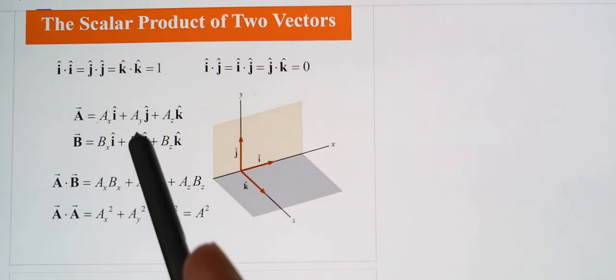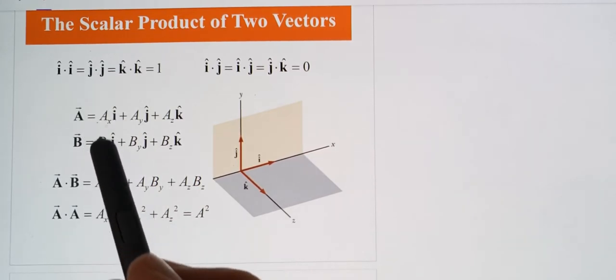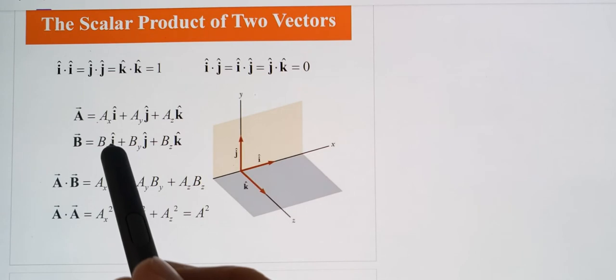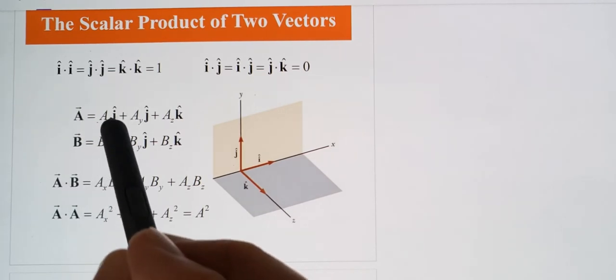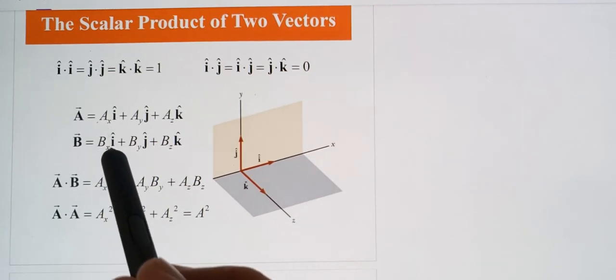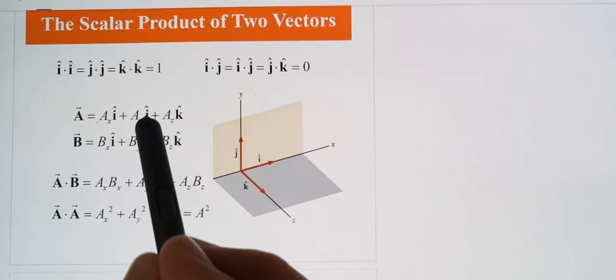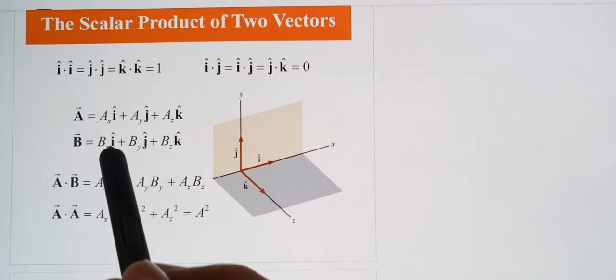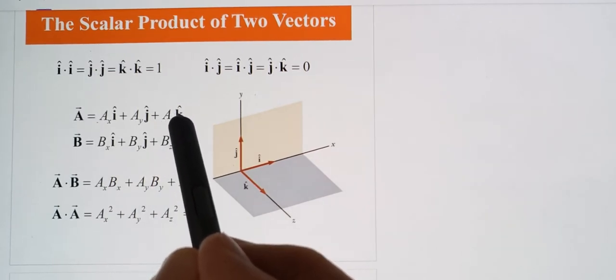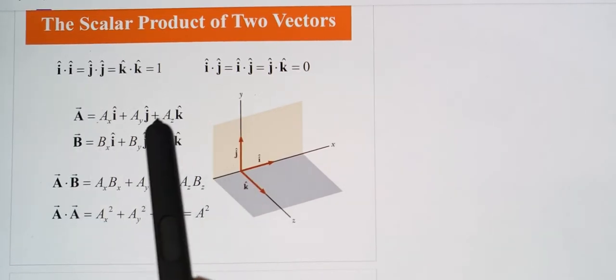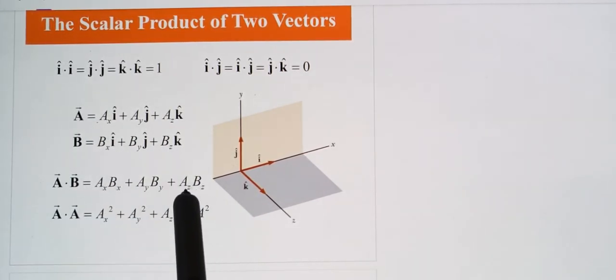Of course, if you want to fully do it, it's BX multiplied by AX, I squared. I squared is 1, so you end up with AX BX plus BXI multiplied by AYJ. And you have I and J, that's a 0. And you have BXI multiplied by AZK, and I by K is equal to 0. So everything will disappear except for those 3 components.